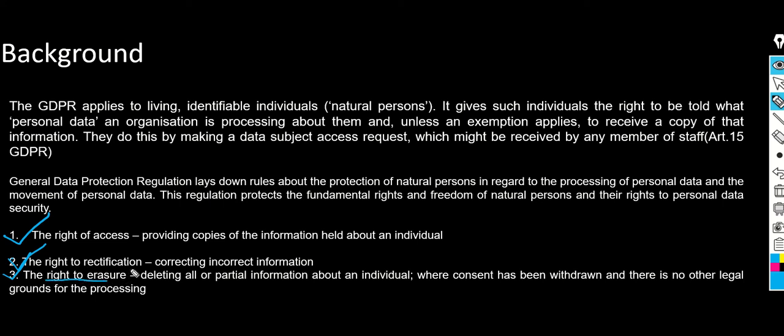If the person wants to withdraw their consent, or wants the data they have given to the organization to no longer be associated with the organization, they can use their right of erasure.